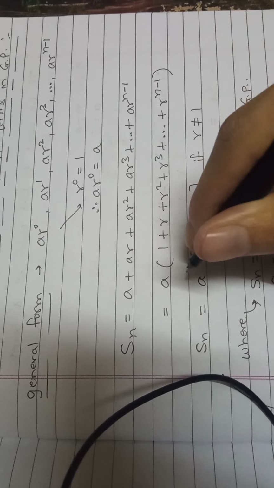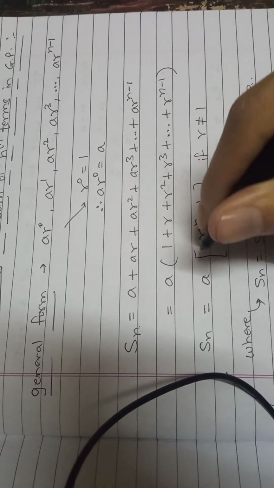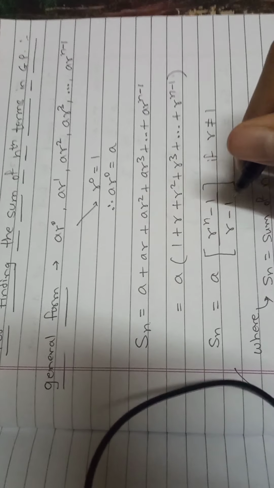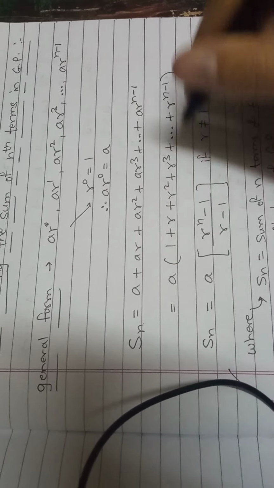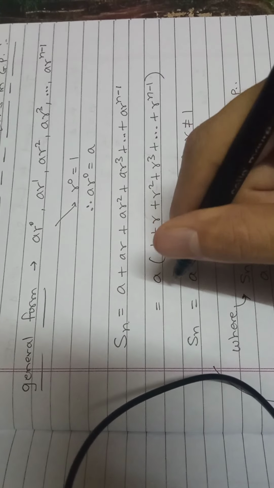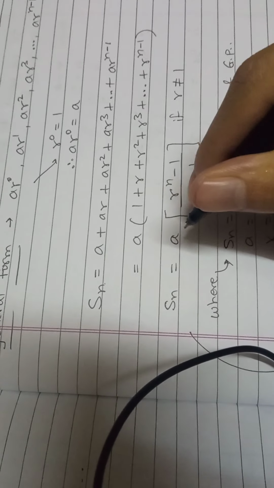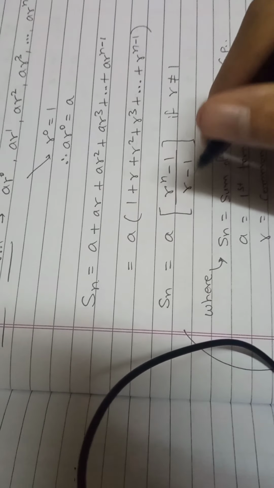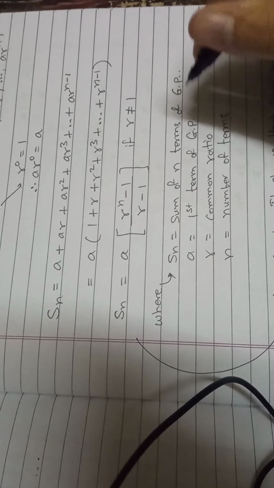So we can write this whole term in this form, and this is derived in upper classes, so we are not going to derive this form here. I have simplified this to help you understand better. So Sn is equal to a times the bracket r to the power n minus 1 divided by r minus 1, where Sn is the sum of n terms of the GP.